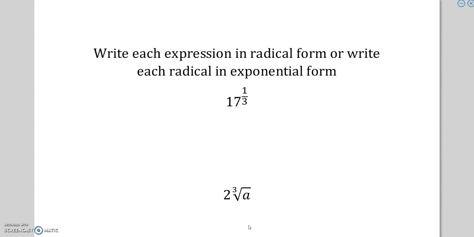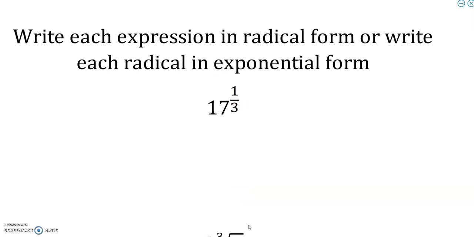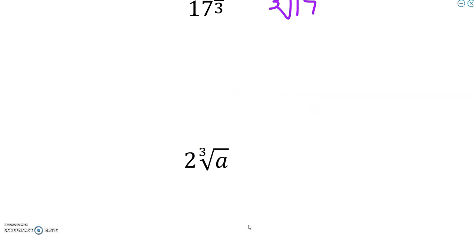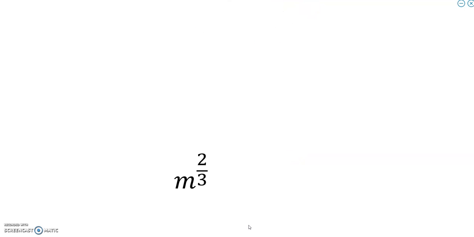So let's just practice a few. In class, we're going to play a game with this. Let's rewrite this one. This would be the cube root of 17. This one would be 2 times a to the 1/3. This one is going to be exponent over index, so the cube root of m squared.